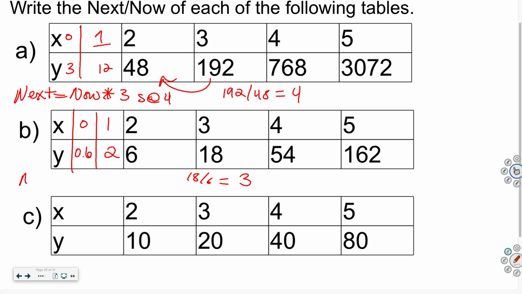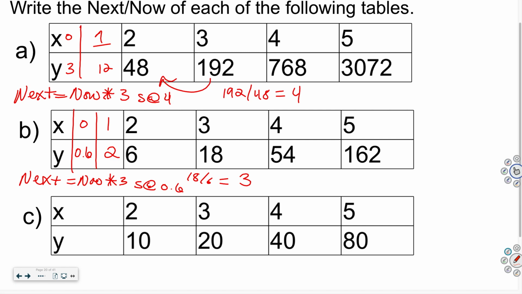So here, next equals now times 3, starting at 0.6. All right, good.